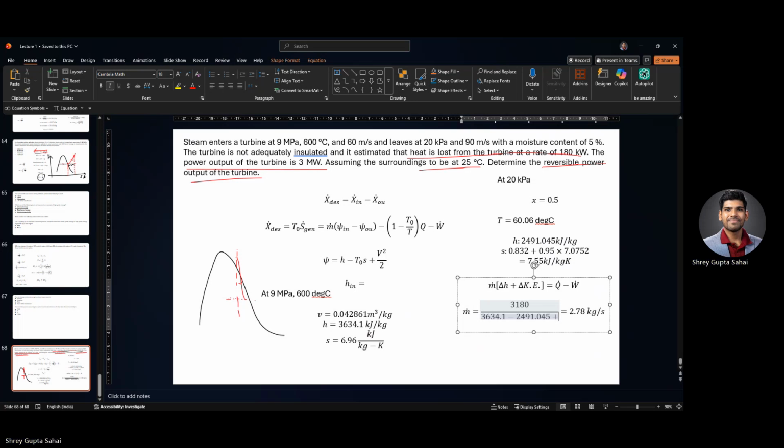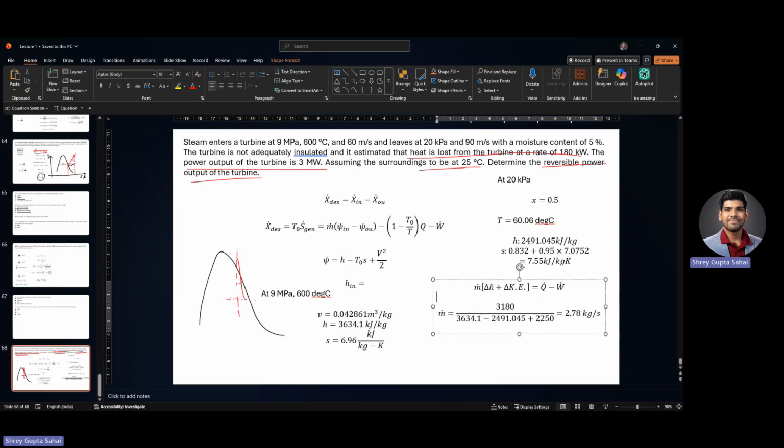So that will be 60 square minus 90 square by 2. Great. So initially, delta H decreases, but kinetic energy increases.